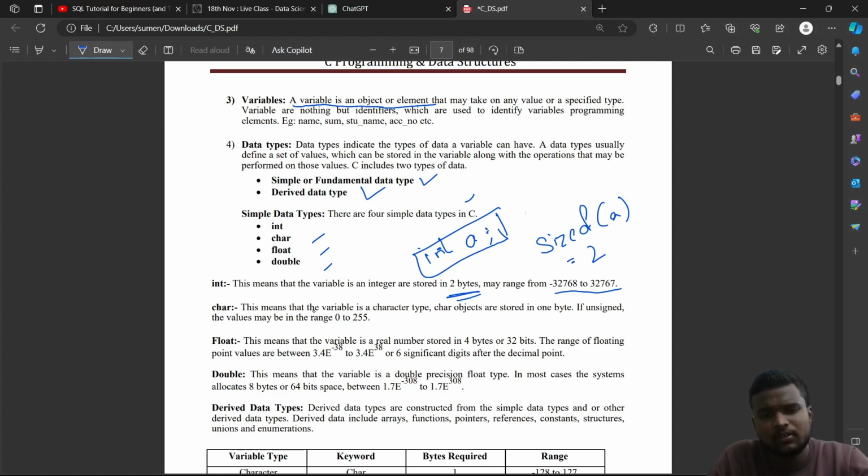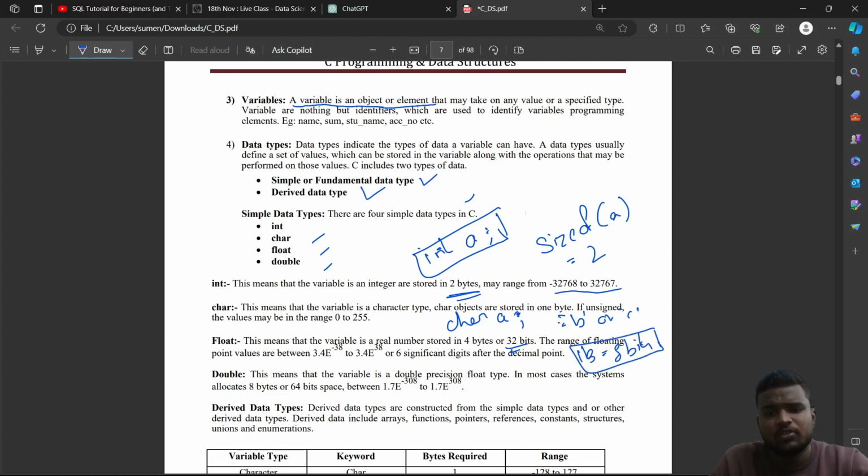Char means that the variable is a character type, which means it can store only one character. Like you can only store b or c. Other than that, no. That's what it means. Float means that the variable is a real number stored in 4 bytes. 4 bytes means 32 bits, so one byte is nothing but 8 bits.